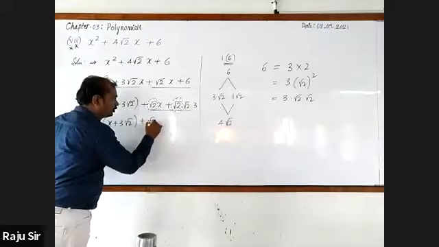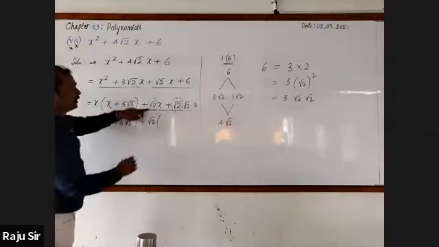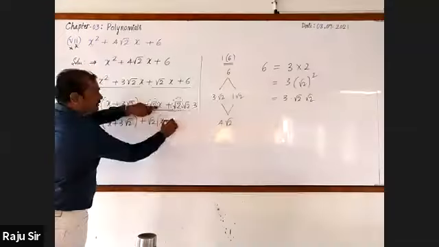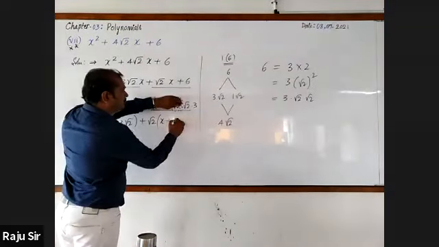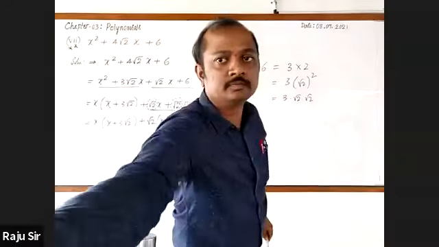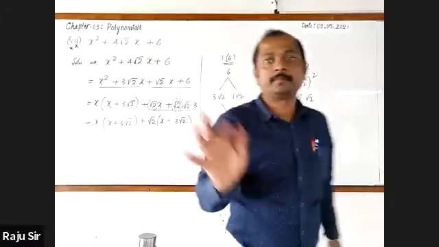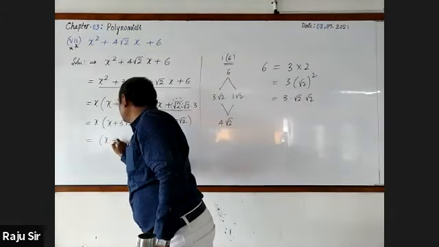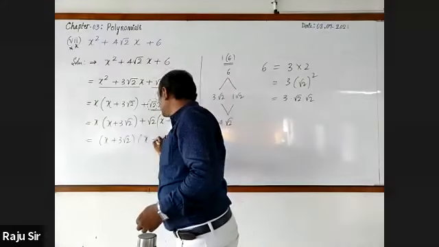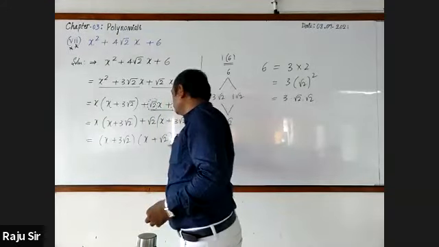Remaining is root 2 into x, plus root 2 is taken as common factor, it will be 3. Hope that you have understood this. Now, in the whole statement, x plus 3 into root 2 is common factor. Remaining will be x plus root 2.